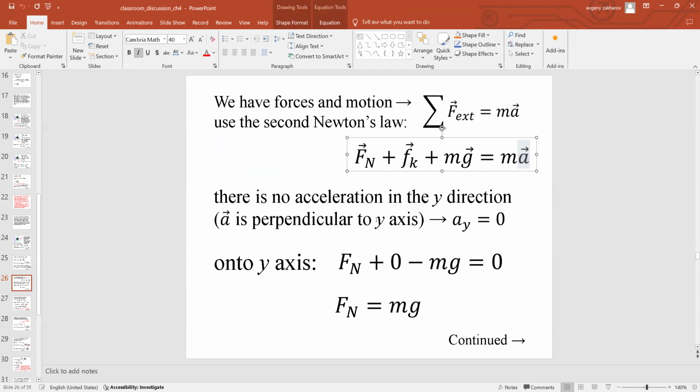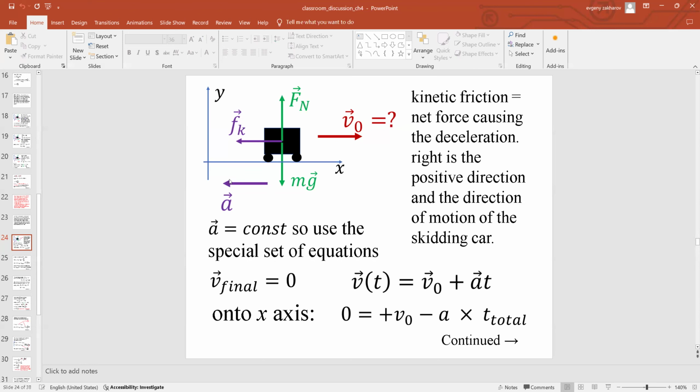Well, for the y-axis, no acceleration. If acceleration is perpendicular to y, no acceleration for the y-axis.